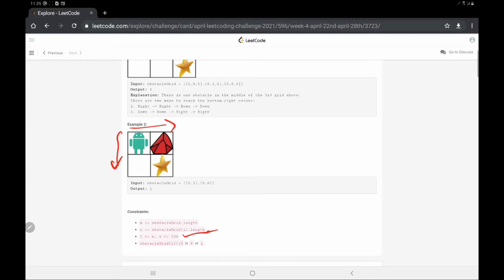So one very important corner case for us would be if the obstacle is at the starting point, and this is a very important test case, and it depends upon the examiner as well. They have not mentioned whether it can be placed or not. If in an interview such a question is presented to you, then it's a very good technique to ask the examiner about this test case.